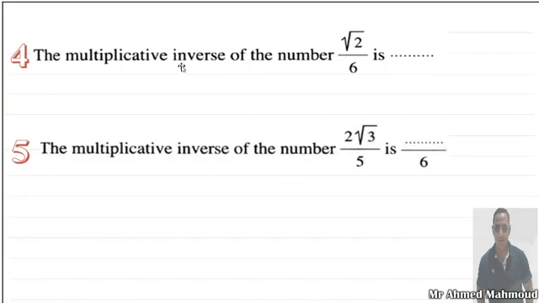Here we have the multiplicative inverse of root 2 over 6. I'm going to make it upside down. It will be 6 over square root 2. And then I'm going to multiply up and down by root 2.